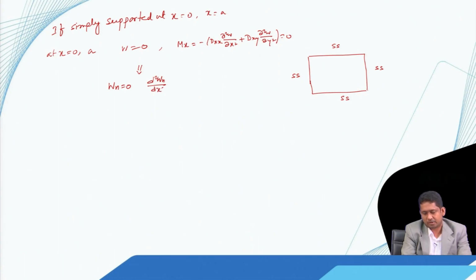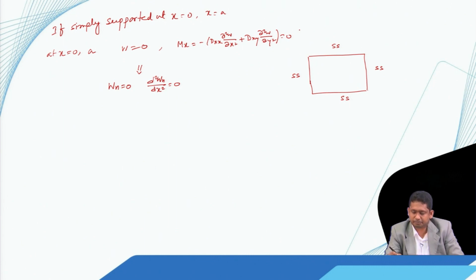also d2Wn by dx2 should be 0, because if I want to take it further, I can write this same expression with the assumption that we made.